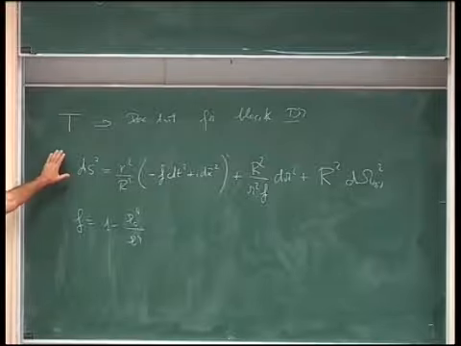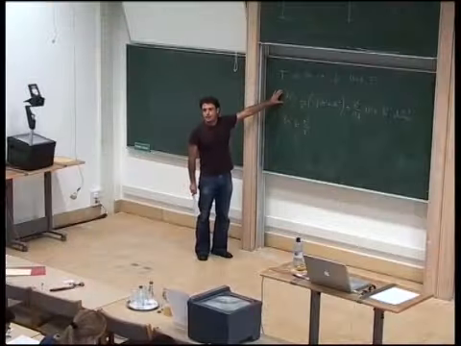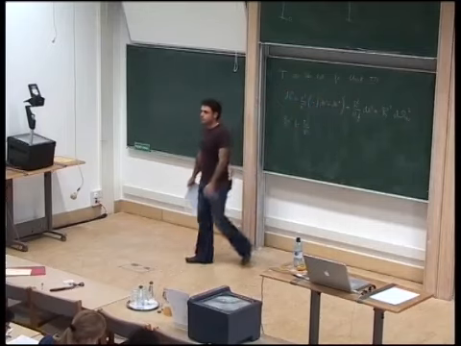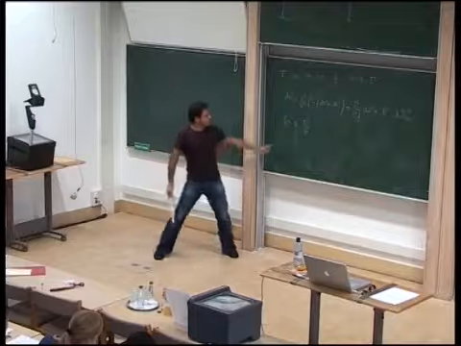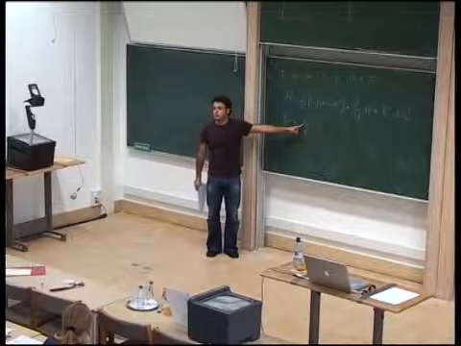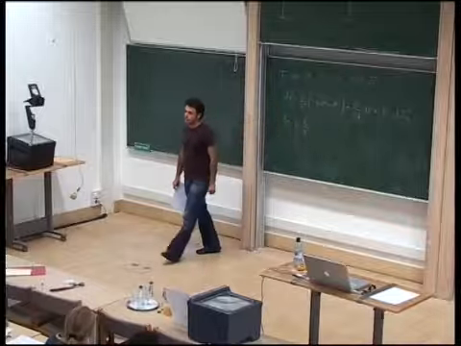This is the result of taking a decoupling limit for a metric for non-extremal D3 branes. And the only new parameter is this r_0, which is going to be related, as we will see in a second, to the temperature. Okay, so if you set the temperature to 0, r_0 will be 0, and then this reduces to the previous AdS5 cross S5 metric.